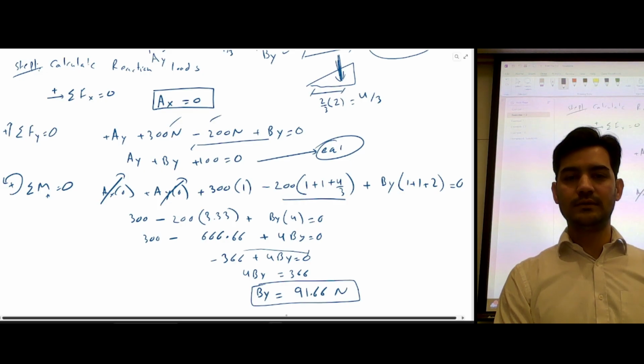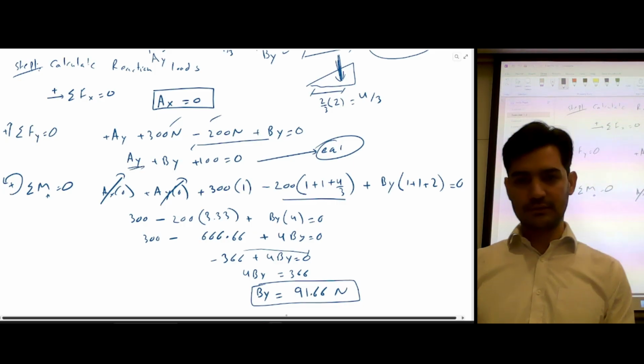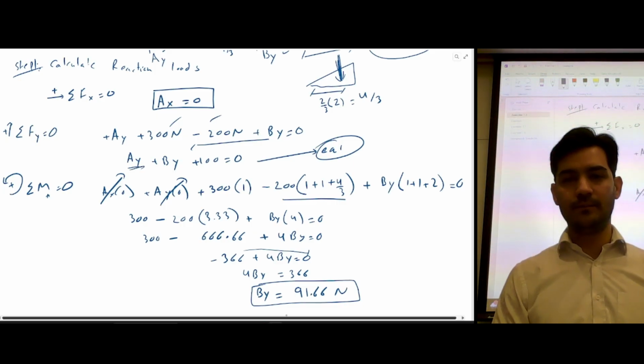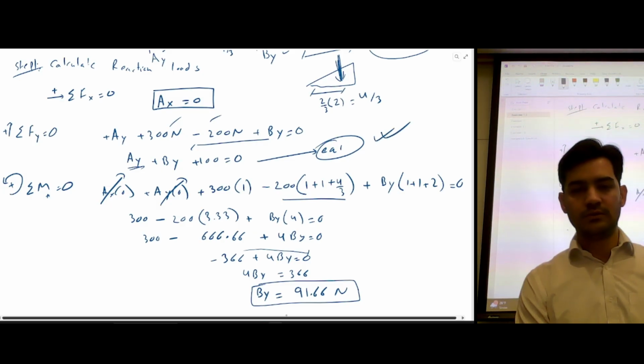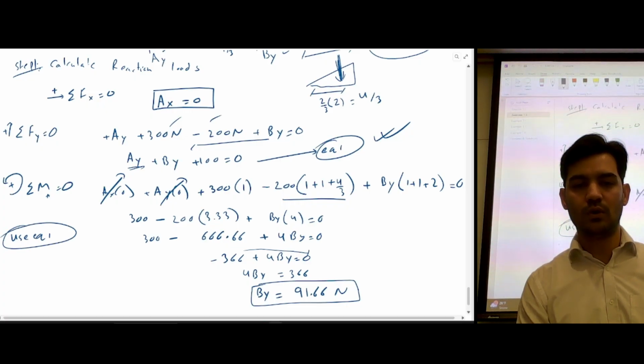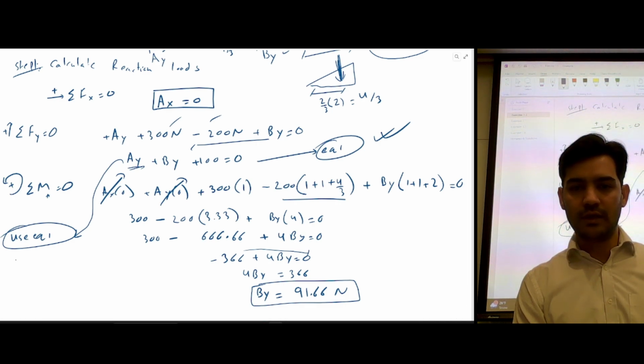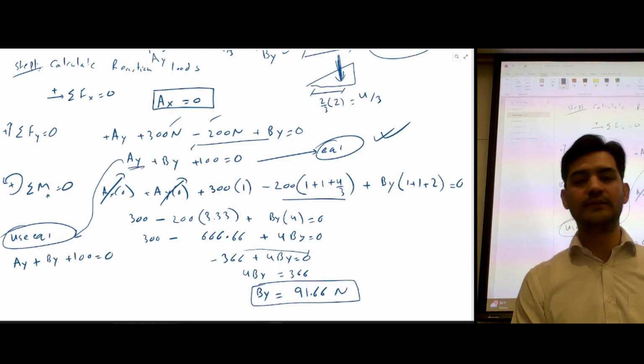Now, the only force left for us is Ay. So we can use equation 1. Ay plus By plus 100 is equal to 0. That's equation 1.